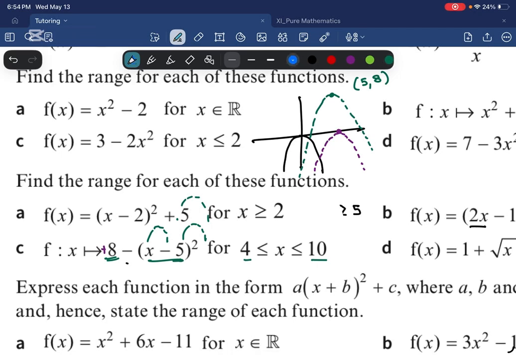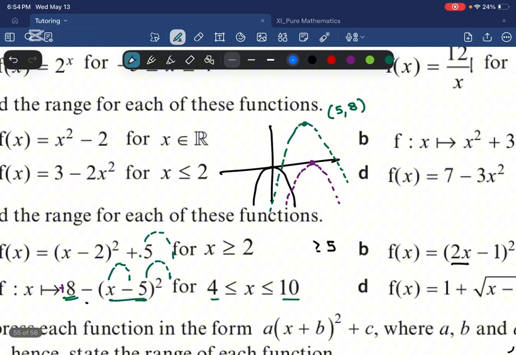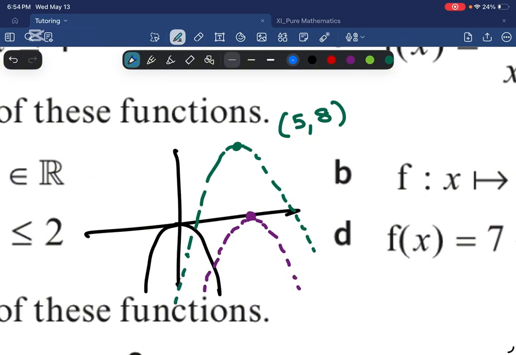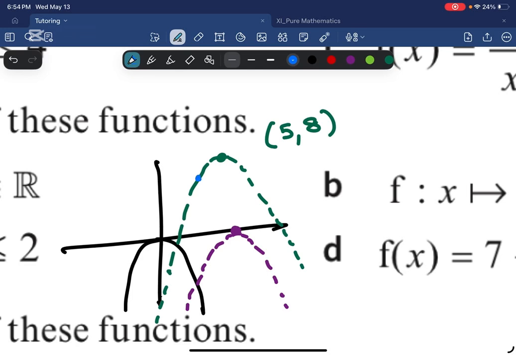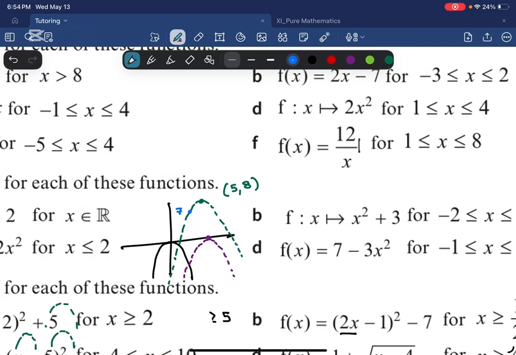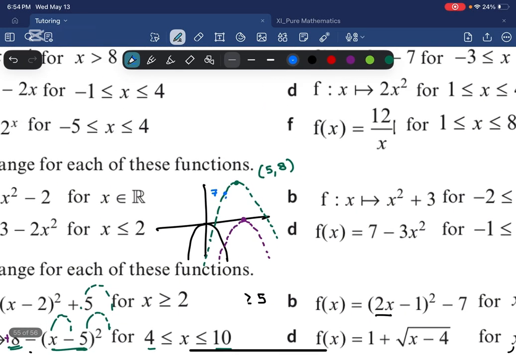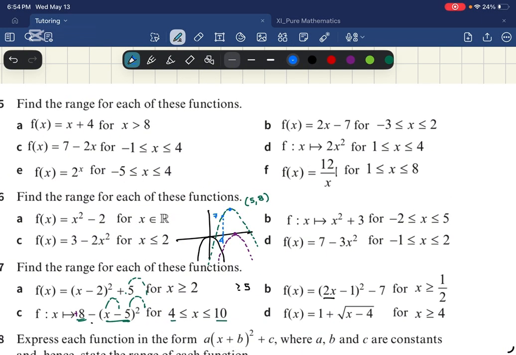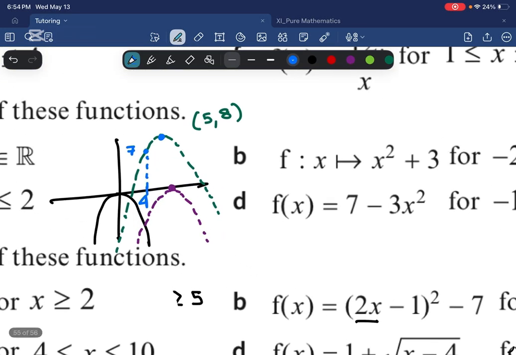So if I substitute x equal to 4 here, I get 4 minus 5 is −1, squared is 1, 8 minus 1 is 7. So I have 7 when x is equal to 4. And at 5, I have my vertex, and then I need to substitute 10. 10 minus 5 is 5, 5 squared is 25. 8 minus 25 is going to be, I believe, −16.